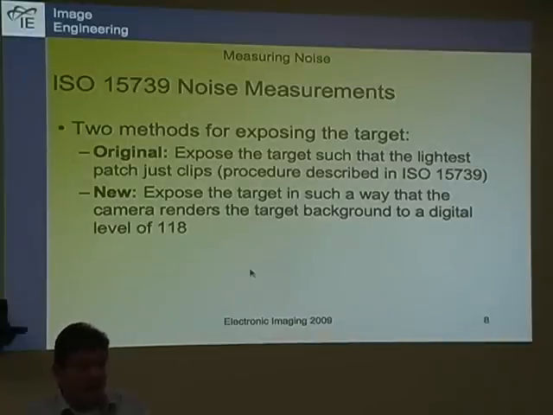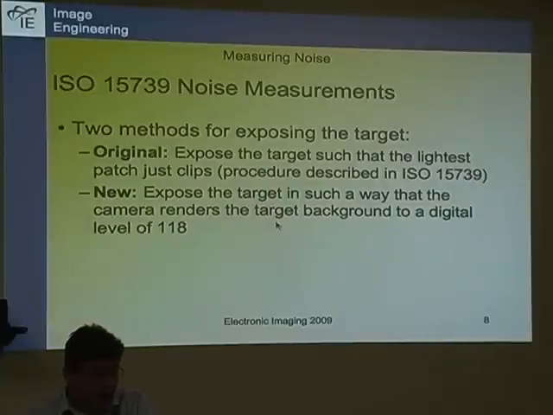It specified how to compute the noise, but it made some assumptions that are not that accurate. So therefore, the standard is currently under reviewing, and there is a draft available already for those who are on that committee. And let me just show you briefly how this is going to work in the future.